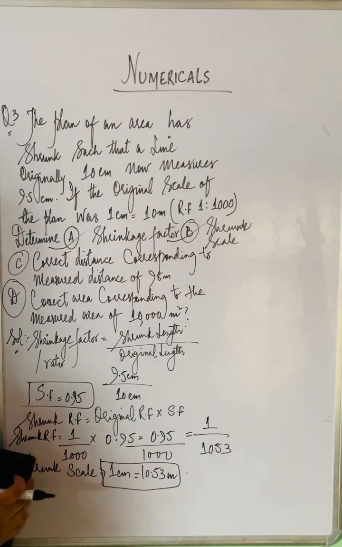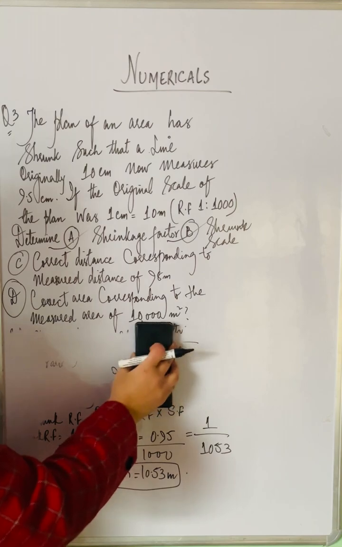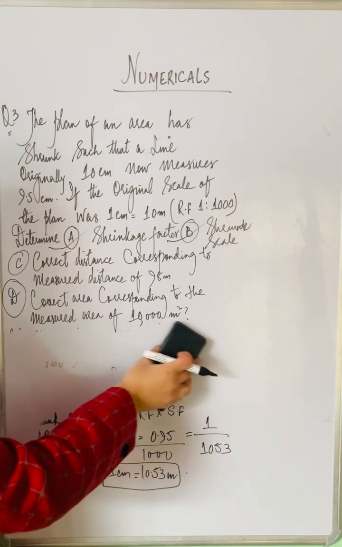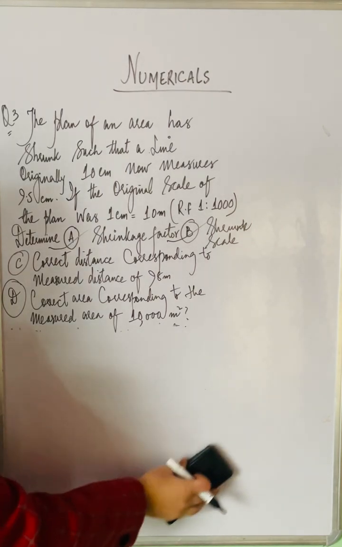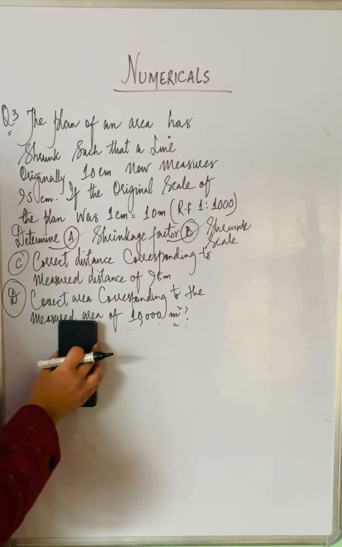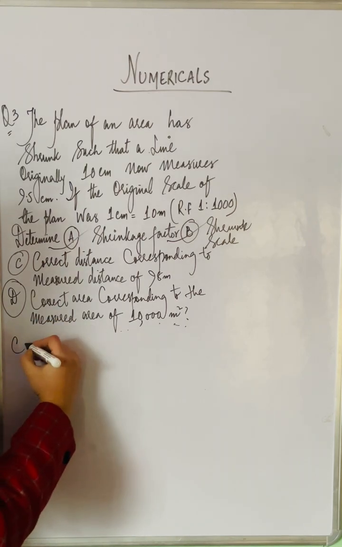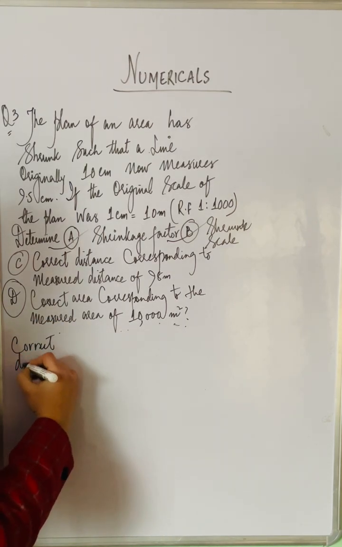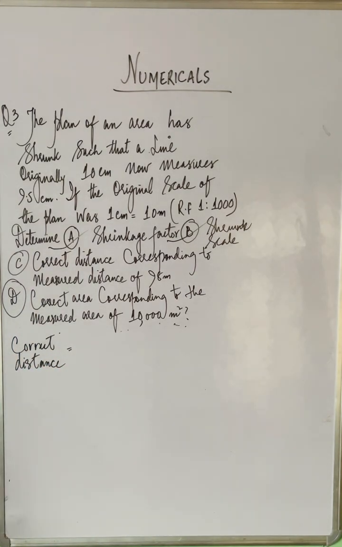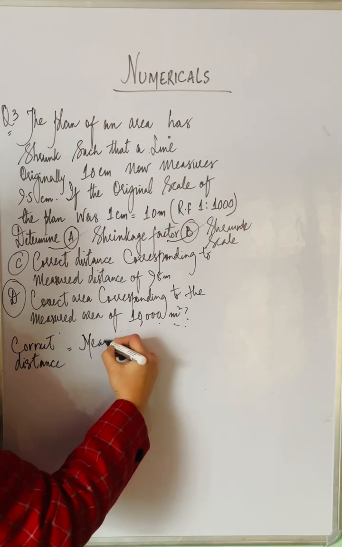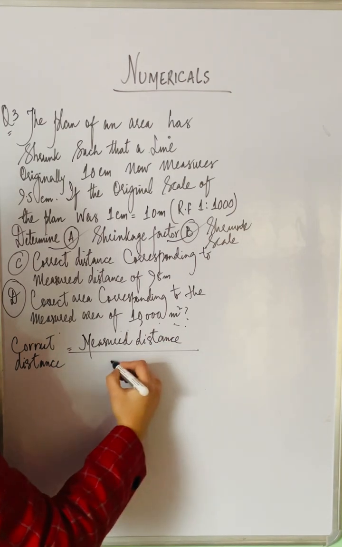Let me rub it down first. Correct distance is equal to measured distance by shrinkage factor, as we know that correct distance is equivalent to measured distance divided by shrinkage factor.